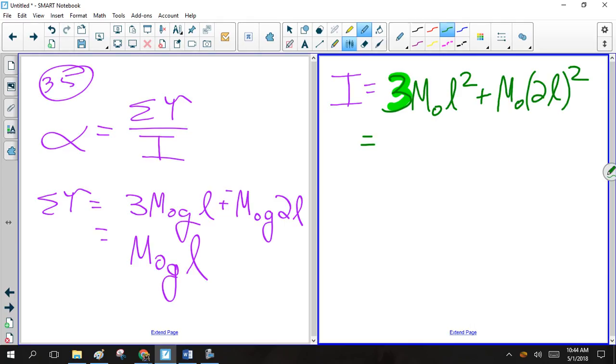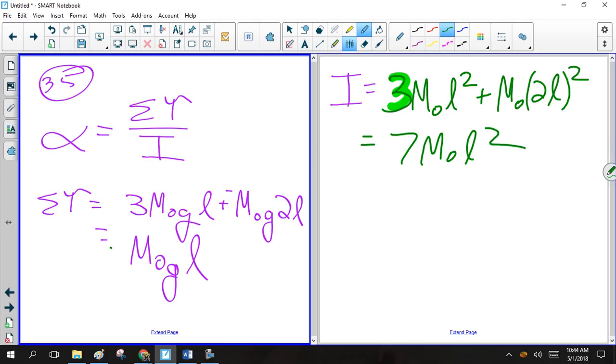Should either of those be negative? No, rotational inertia can't be negative. It's a measure of resistance to change, right? So simplify this and it gives you 7mol squared. So just divide your torque by your inertia and it gives you A.